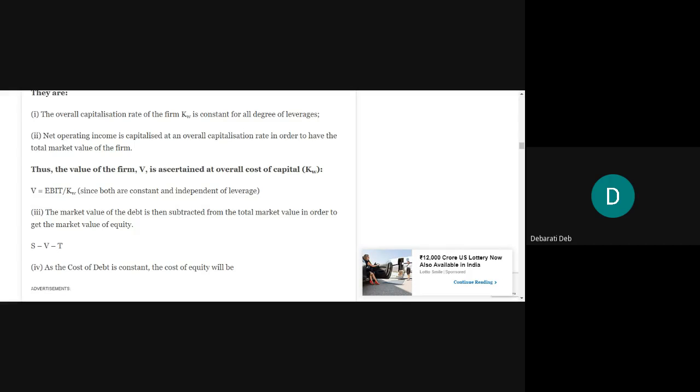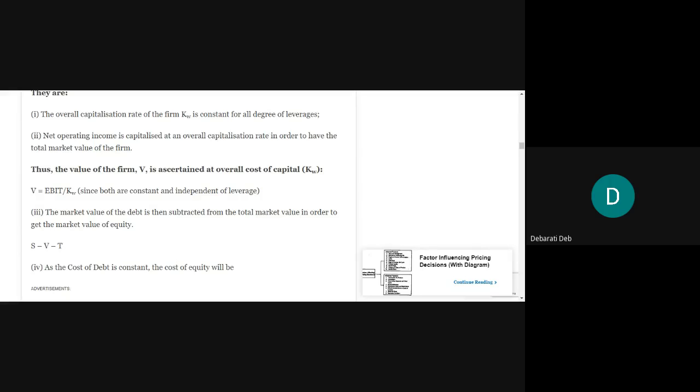Suppose we denote the total market value of the firm by V, and the market value of debt by T. In order to get the market value of equity, we just deduct the market value of debt from the total market value. That is S equals V minus T.